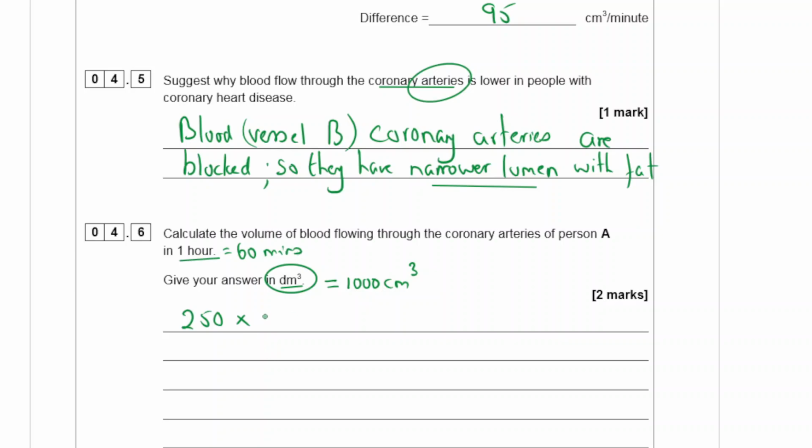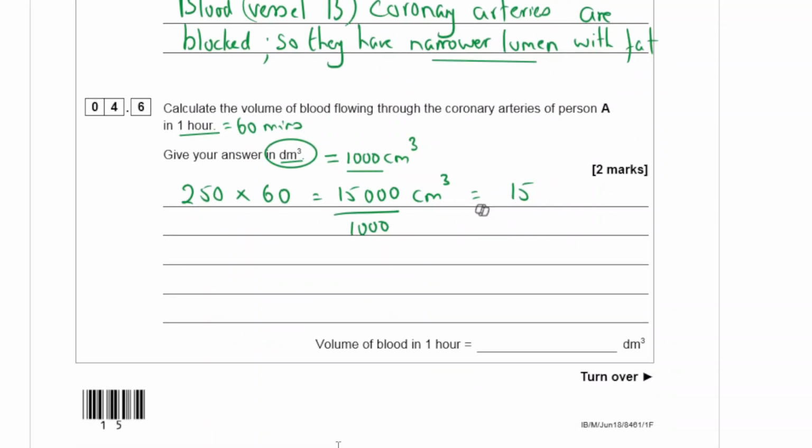So 250 multiplied by 60 would give me 15,000 centimeter cube. Now remember, 1 decimeter cube is equal to 1,000 centimeter cube. So if I divide this by 1,000, it will give me 15 decimeter cube as the answer. 15.